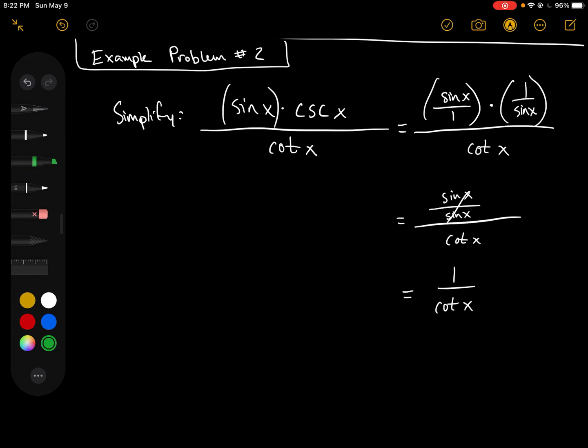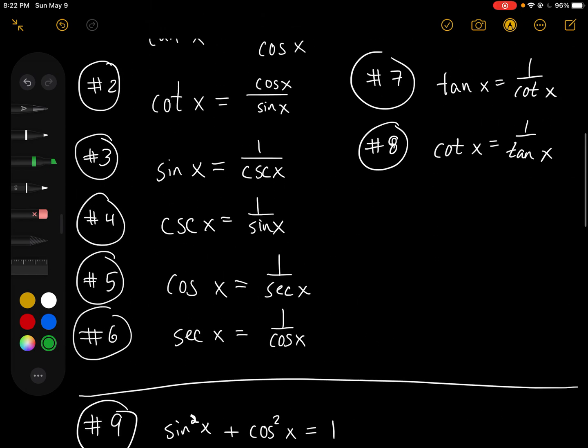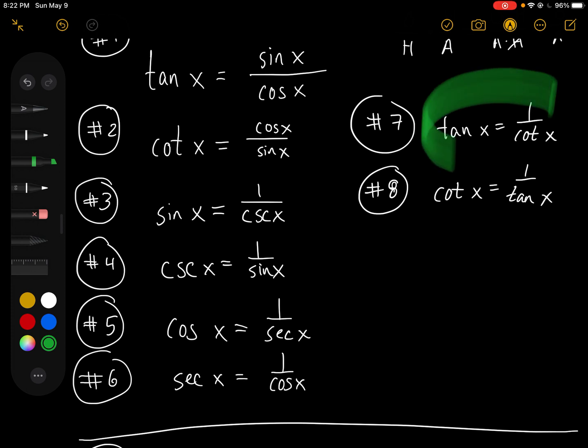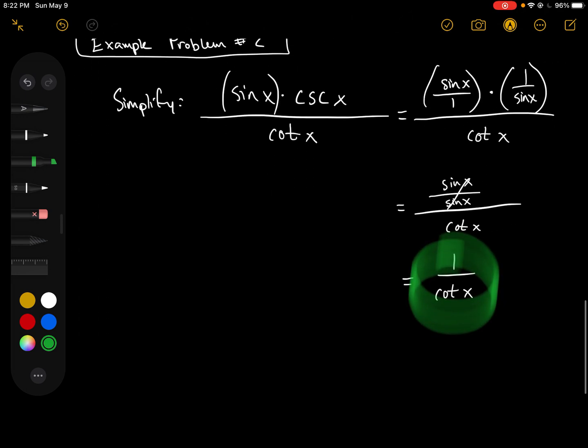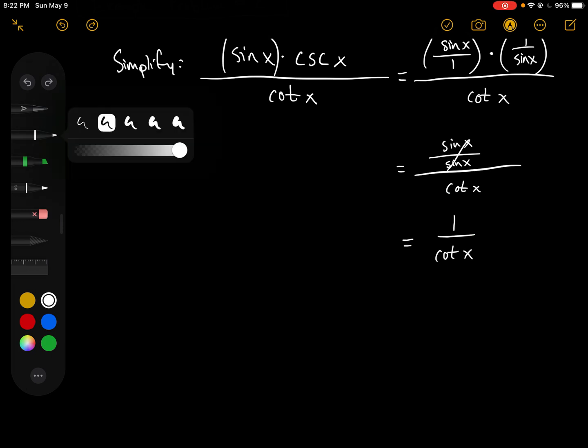Well, if you're thinking that looks familiar, it's because it should be. 1 over cotangent of x. Let's look back at our notes. 1 over the cotangent of x is just equal to the tangent of x. It's a little bit of a matching game here once we get to this point. So let's go back down. 1 over the cotangent of x is just equal to the tangent of x.